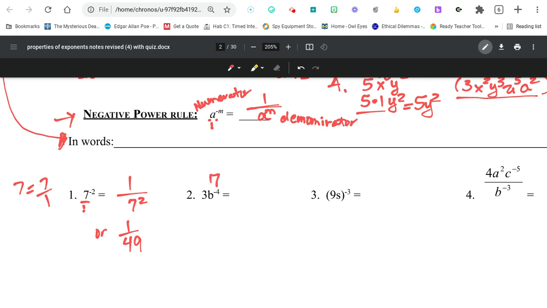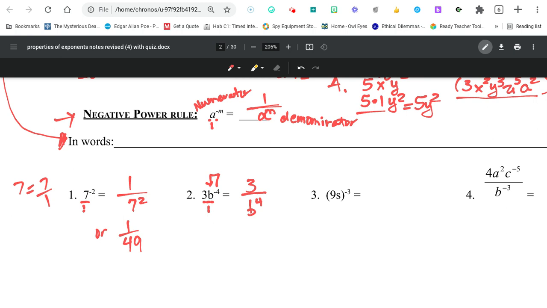Here, this negative 4 only applies to the b. So basically, this whole thing is over 1, but only the b is going to flip to my denominator, because right now it's in the numerator. So I'm going to flip it to my denominator, and negative 4 is going to change to positive 4. The 3 stays put because it's just a regular number.